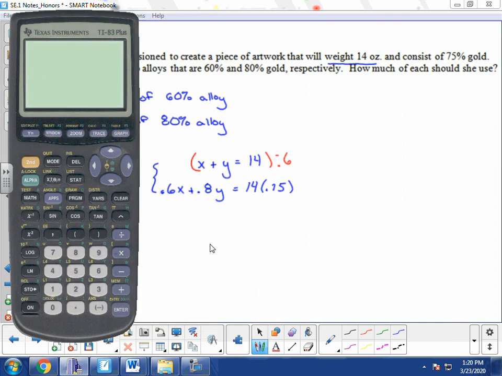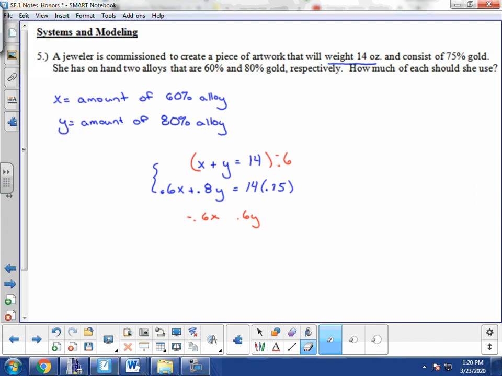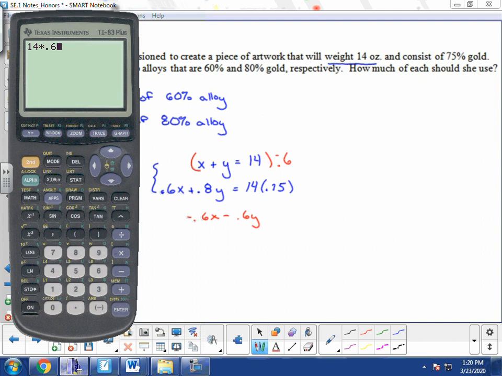So if I multiply this first one by negative 0.6, this will give me negative 0.6x minus 0.6y, and then 14 times 0.6 equals negative 8.4. And then in the second equation, it's still 0.6x plus 0.8y, because I'm not really multiplying anything. I am going to simplify this 14 times 0.75 to give me 10.5.